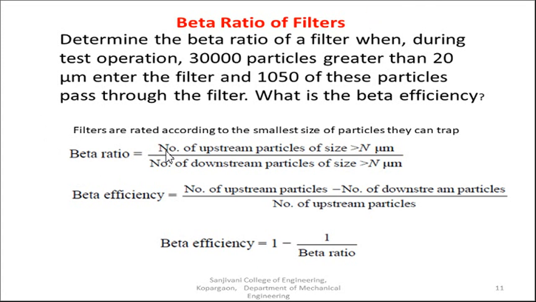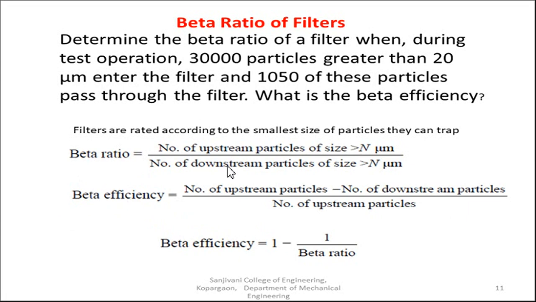Beta ratio is the number of upstream particles of size greater than n micrometer divided by the number of downstream particles of size greater than n micrometer. Beta efficiency is the number of upstream particles minus the number of downstream particles, upon the number of upstream particles. That means how much filtration is achieved.